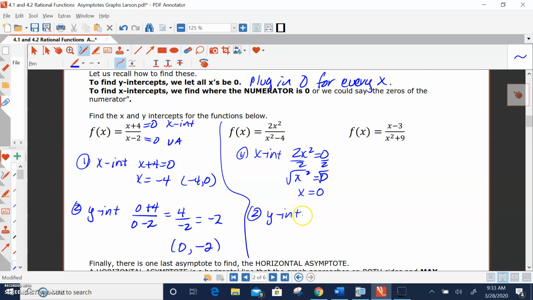For the y-intercept, if I put a 0 in place for every one of my x's, I'll have 2 times 0 squared over 0 squared minus 4. And the 2 times 0 squared is a 0 in the numerator over negative 4 in the denominator. And anytime you have 0 in the numerator, it's just 0. So both the x and y intercepts are at 0, 0.